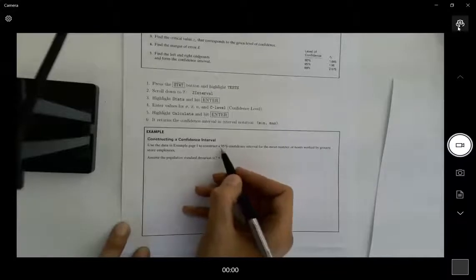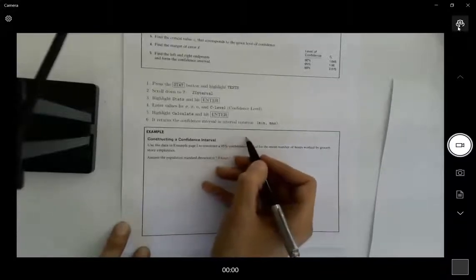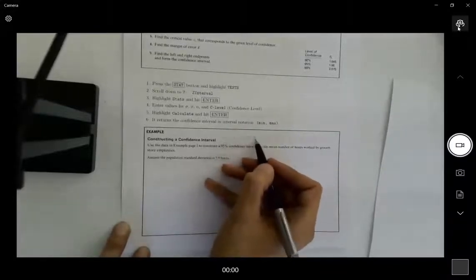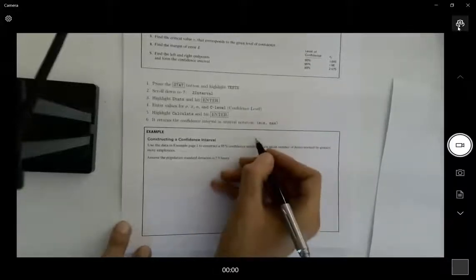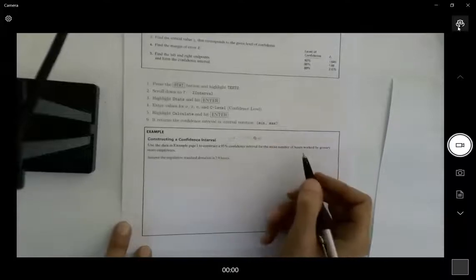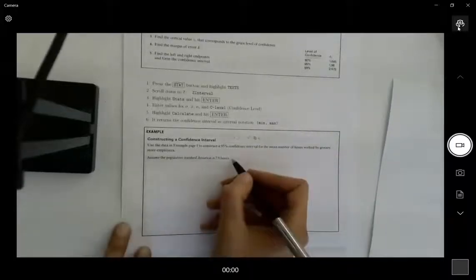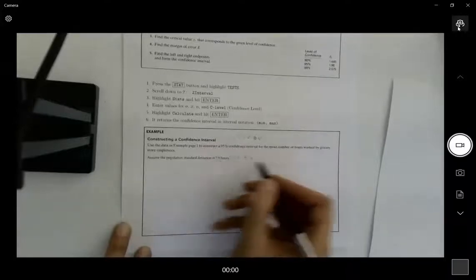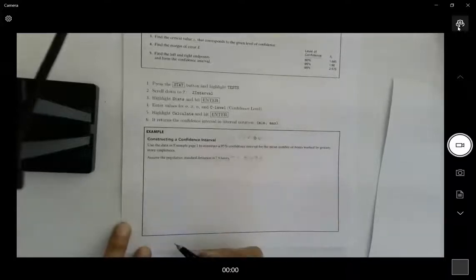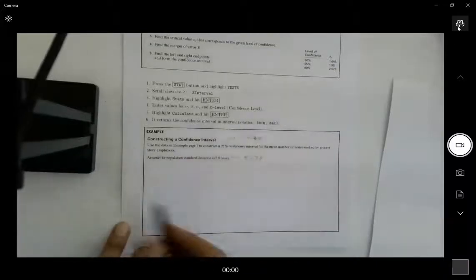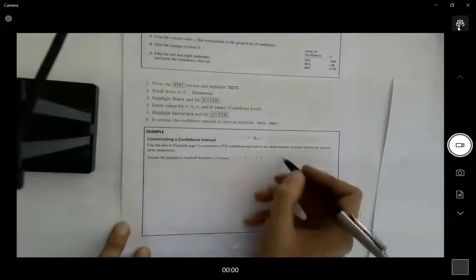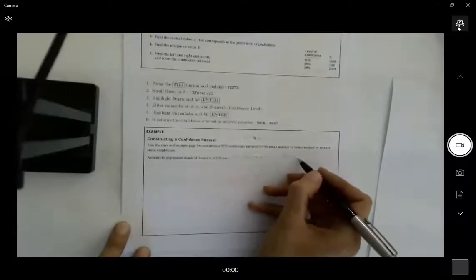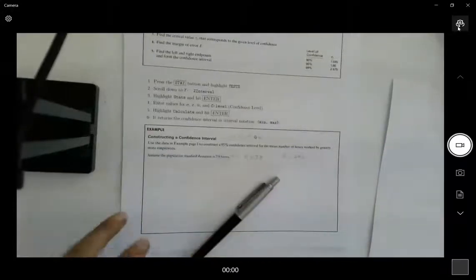So 95% means that your C is 0.95. And here you have sigma, standard deviation, equals 7.9. Let us go back to the board and write down everything. Remember that your X bar is 29.6.